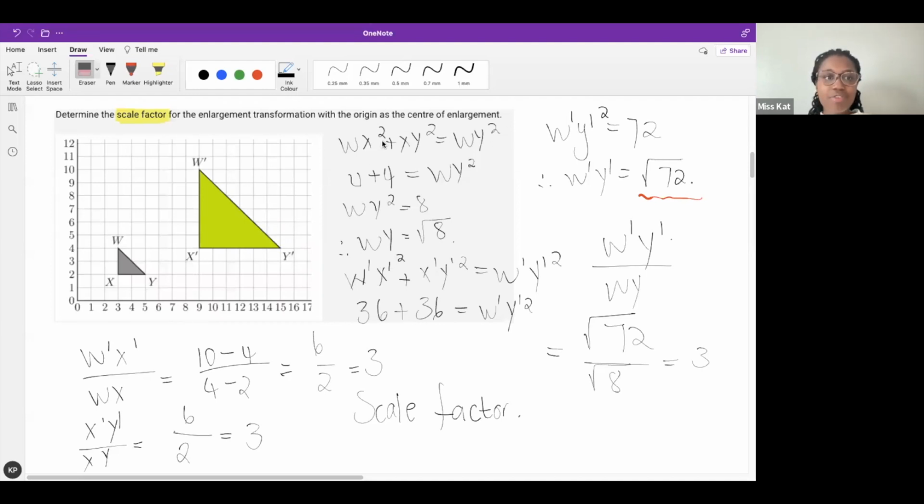Do you now see the difference between using a scale factor to enlarge or reduce shapes and then finding a scale factor? Let me check in, thumbs up, thumbs down. I know this one was a little bit messy. We might have to do another one, but how are we feeling so far about finding the scale factor? So we have now covered using the scale factor, and then we did finding the scale factor. Okay, I see thumbs up.